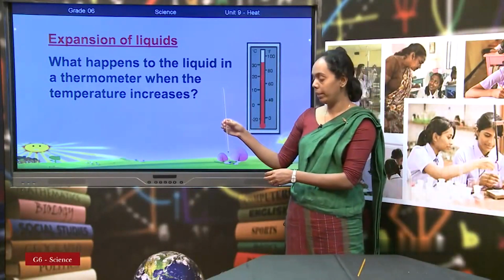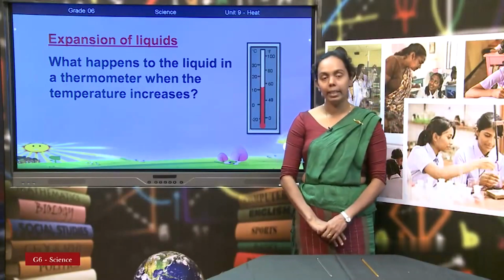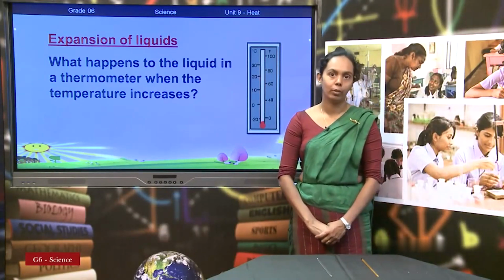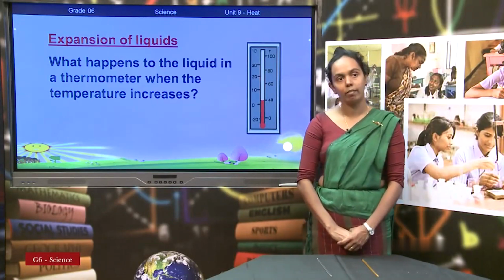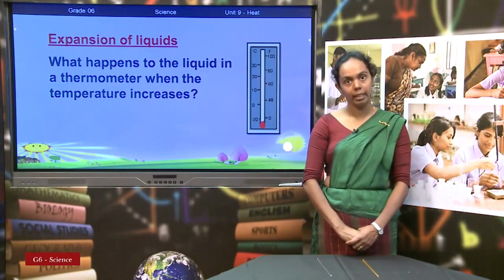In a mercury thermometer, the bulb of the thermometer is filled with mercury. You know, mercury and alcohol are examples of liquids. Now we will see what happens to the liquid of a thermometer when we supply heat.